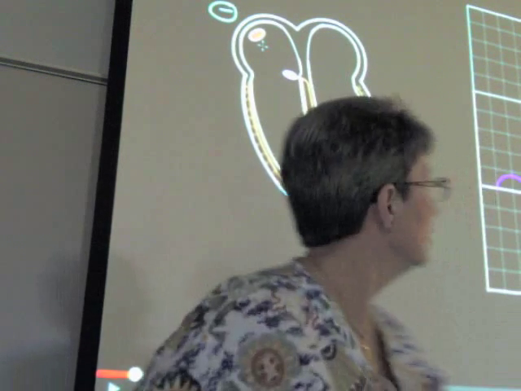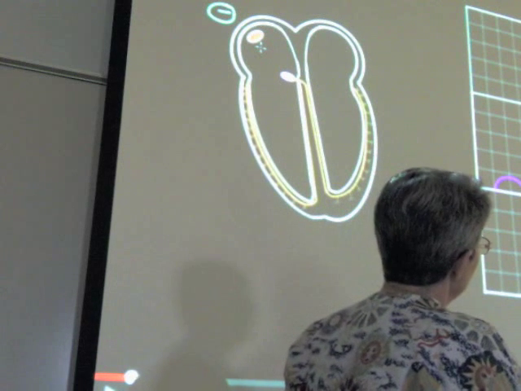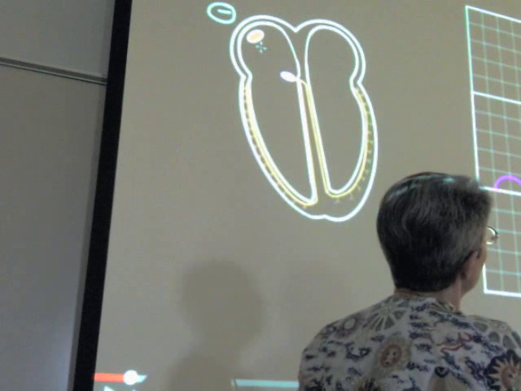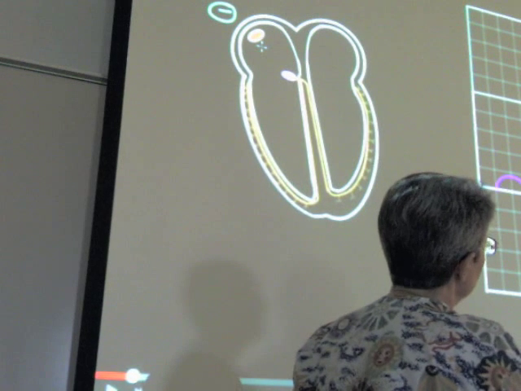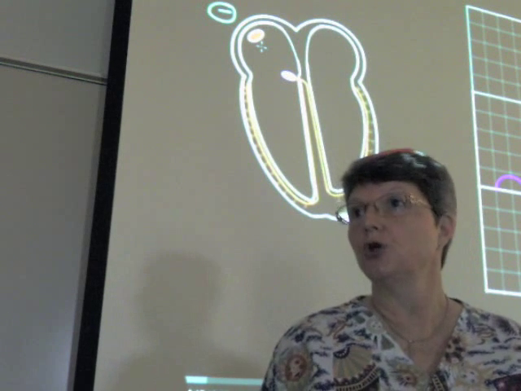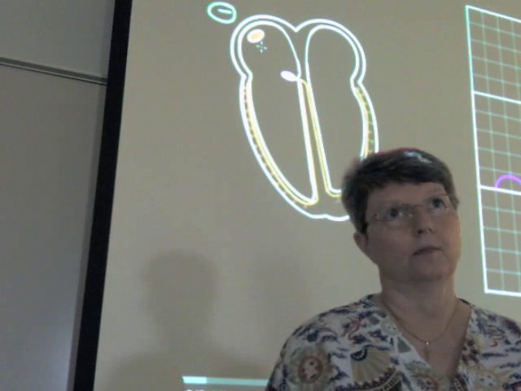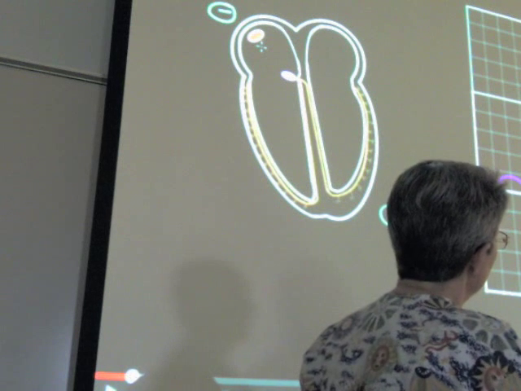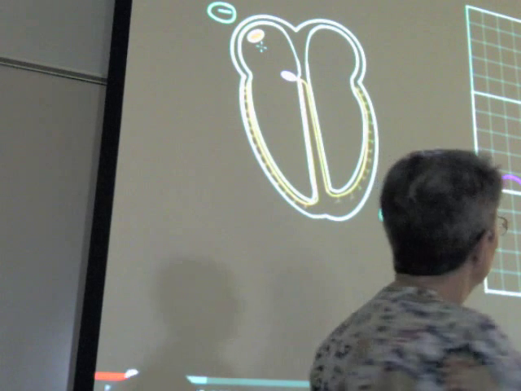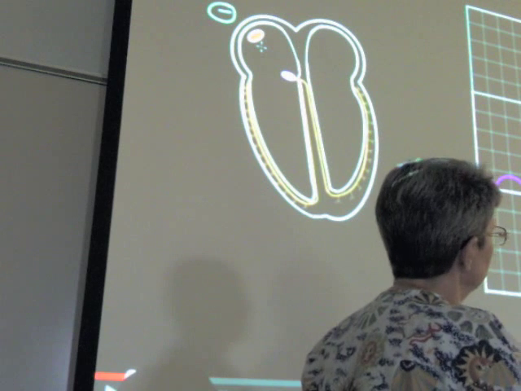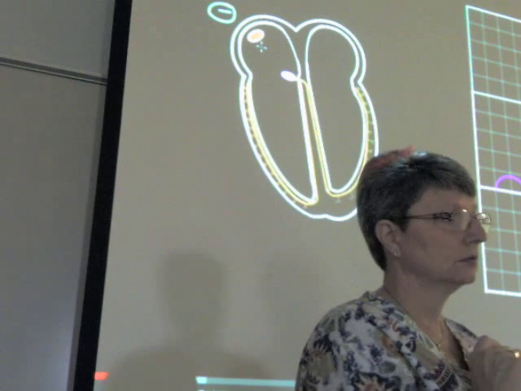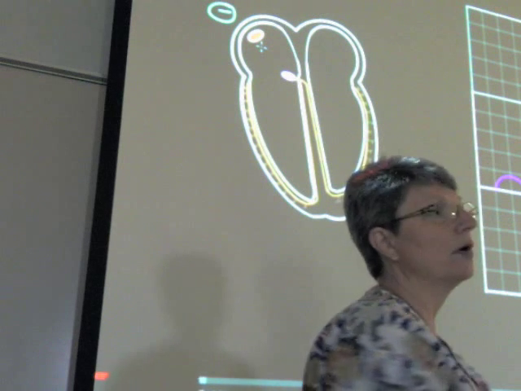So this entire area from the end of the purple segment to the beginning of the orange segment, all the way up here, down below, and back up to the baseline, that is all called the QRS complex. This right here is Q. This is R. And this is S. And that is shown in your book. So that's the QRS complex.